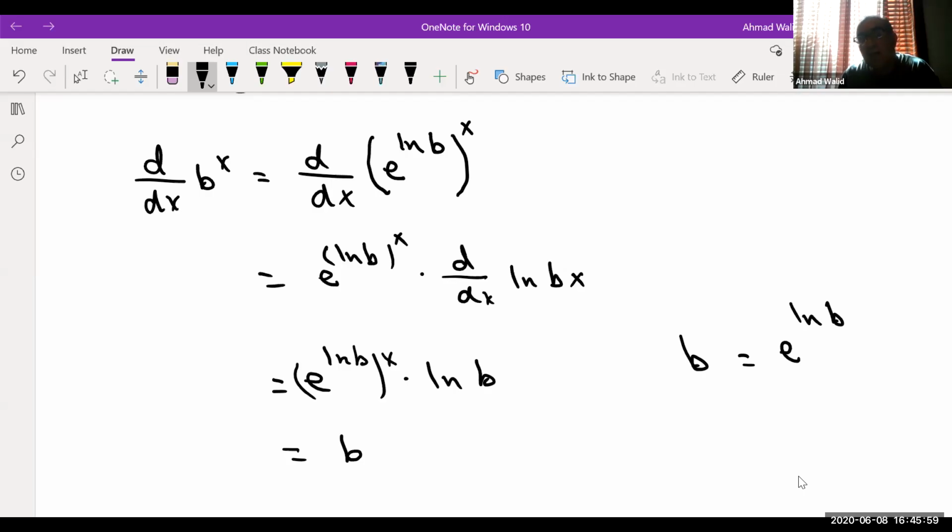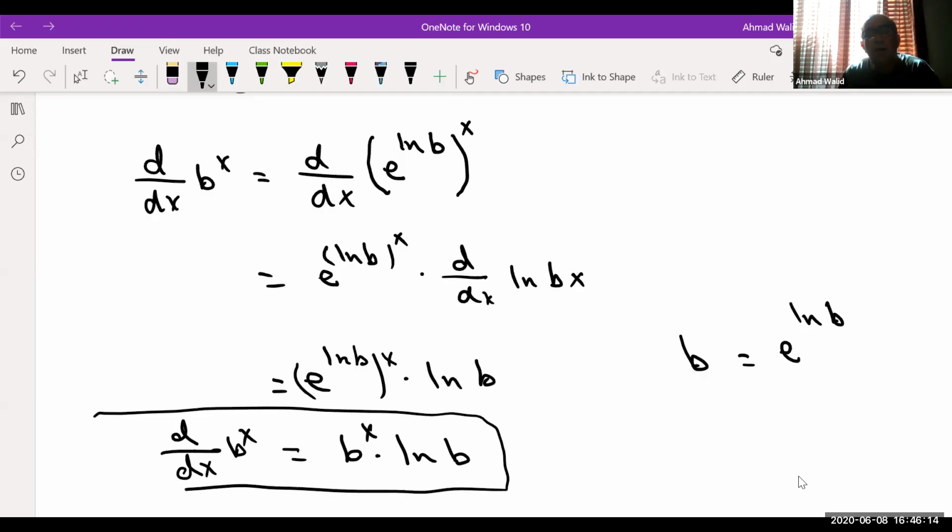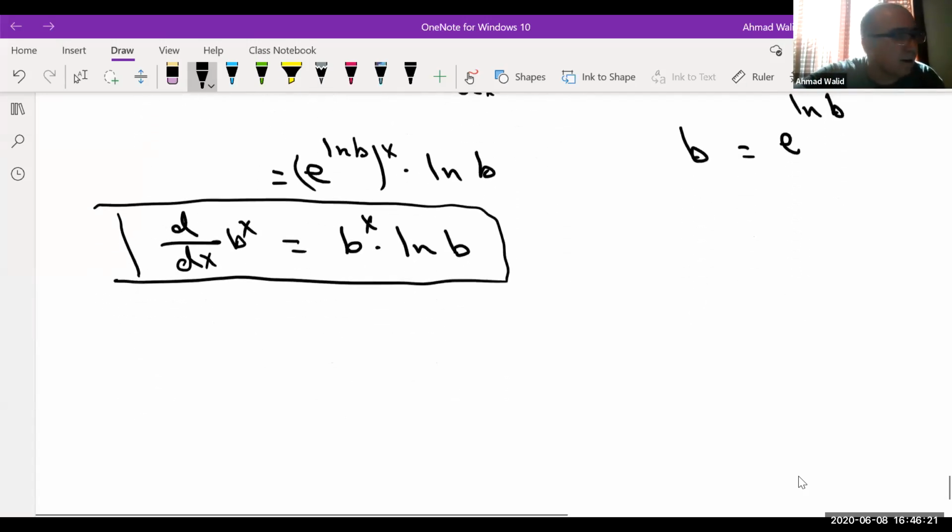Instead of e to the ln b, I can write b to the power of x times ln b. Wow, you proved that. D over dx of b to the power of x is b to the power of x times ln b. But again, you are not required to know the proof. Just remember this formula.